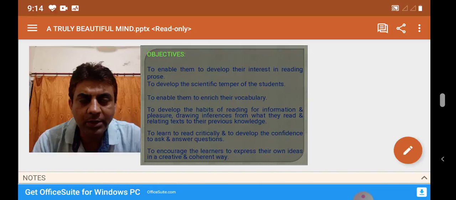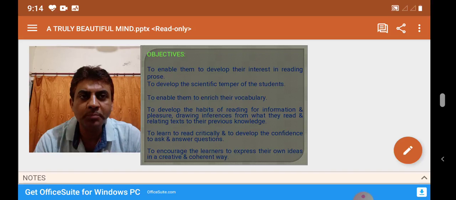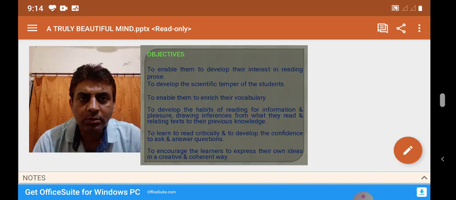The objective is that you should be able to read the prose with interest. As you know, this lesson is about the world's great scientist. That is why you are supposed to develop the scientific attitude. When you read this lesson, definitely you will come across some new words.